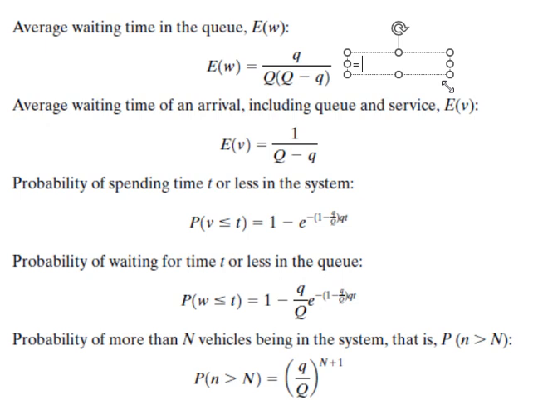Expected waiting time in the queue: 0.0034. Now this is in hours, right? Because we put everything per hour. How much in seconds? 12.24.